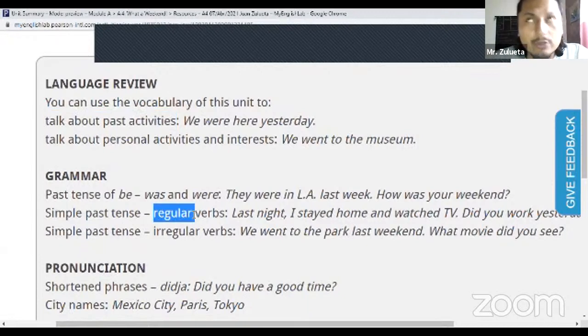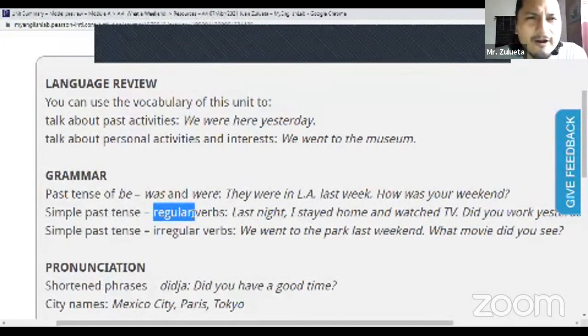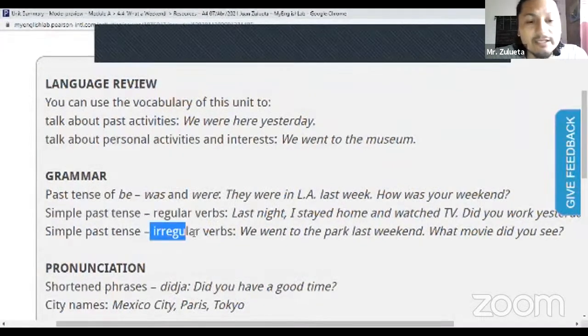Yesterday, when I was listening to your presentation, I was able to detect that for certain verbs, the pronunciation is different, okay? So we are going to familiarize ourselves, at least in a phonetical way, throughout this unit. And we are also going to be introduced to irregular verbs.